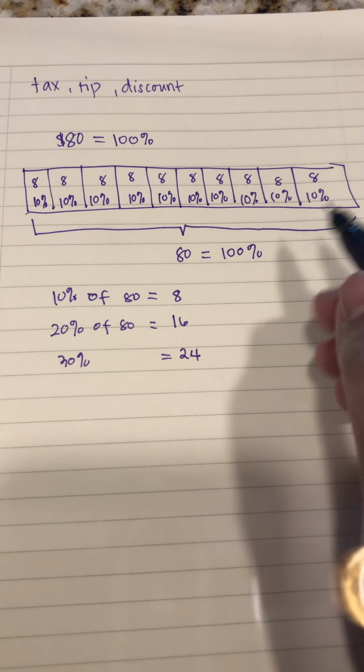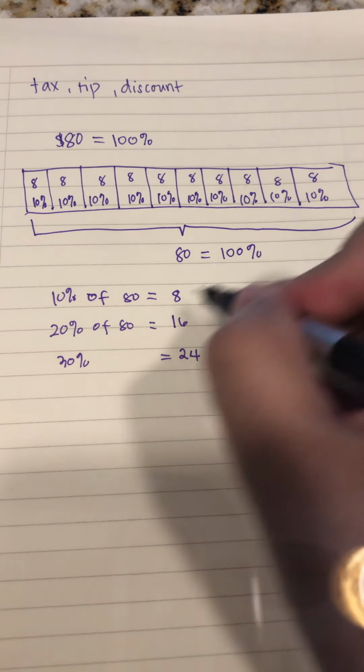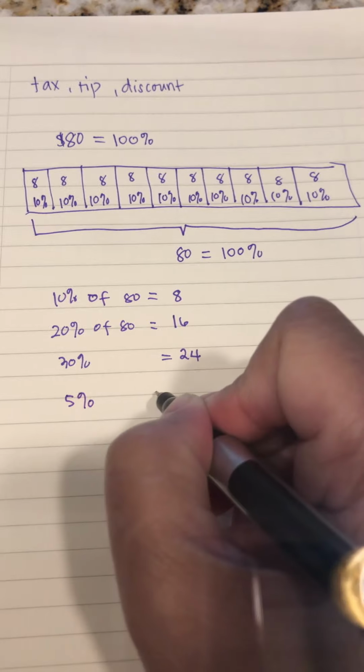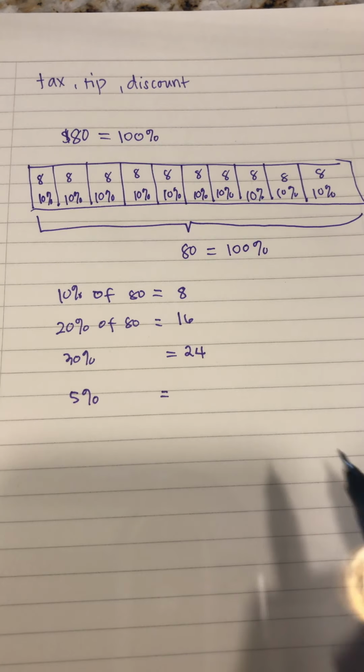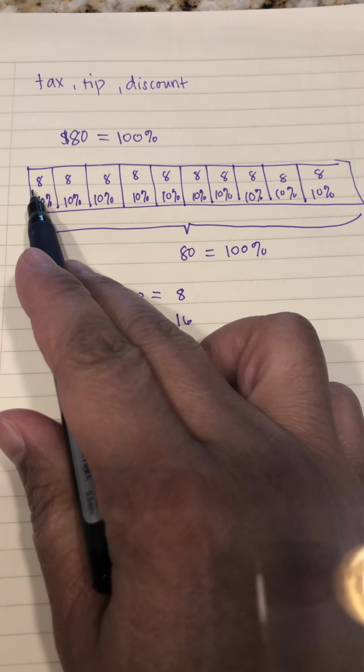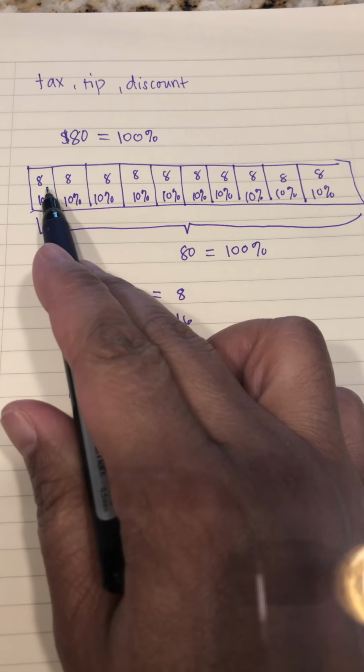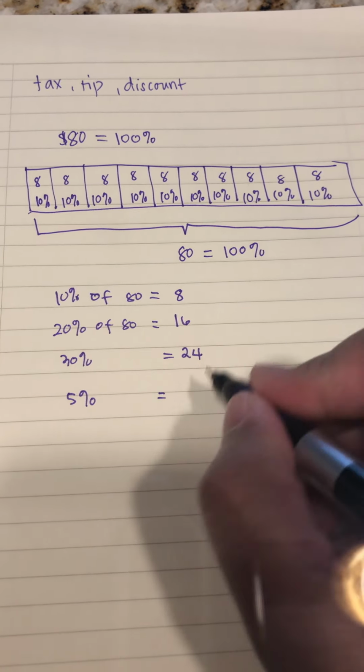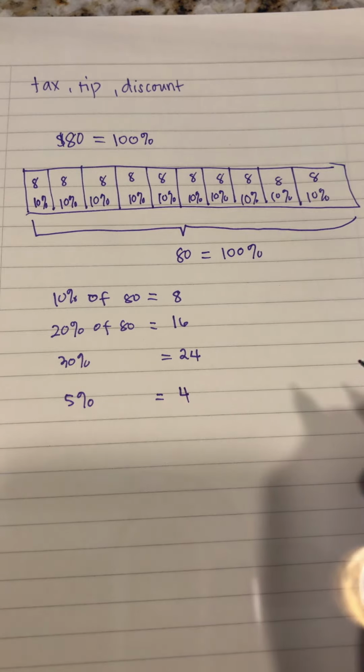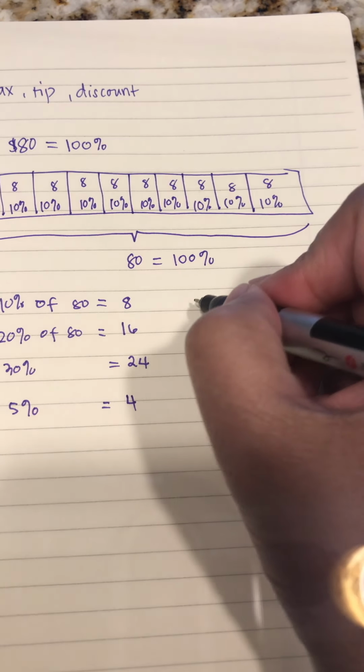Well, how about 25%? Let's start first with 5%. How much do you think is 5%? 5% would be half of this one section here. So what is half of 8? That gives you 4. Now, what if I want 25%?